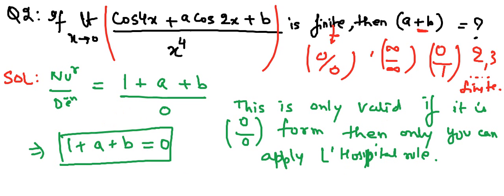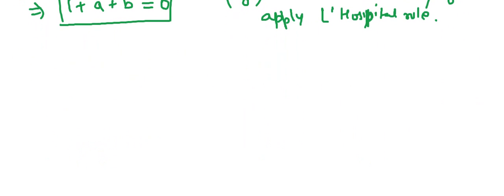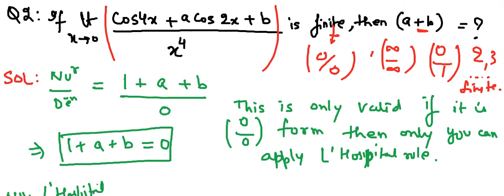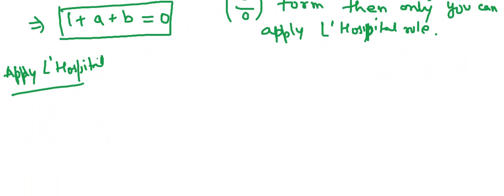Okay, let's solve it further. Now what is the next step? Apply L'Hospital rule now. Why can we apply the L'Hospital rule now? Because we've assumed that numerator has become 0 and denominator was already 0. 0 by 0 format we've got, and now we can apply L'Hospital rule.